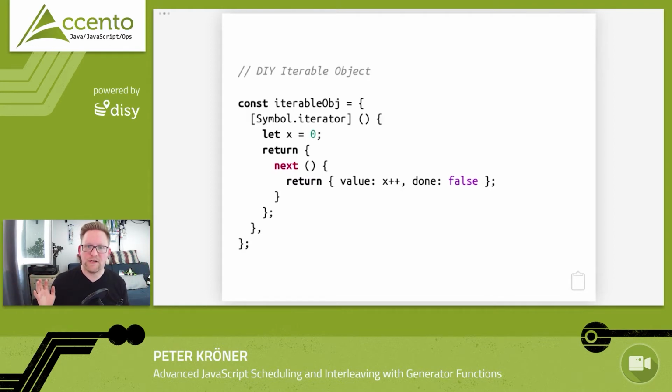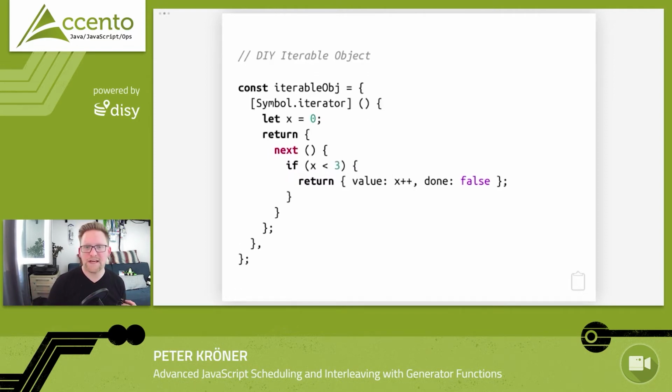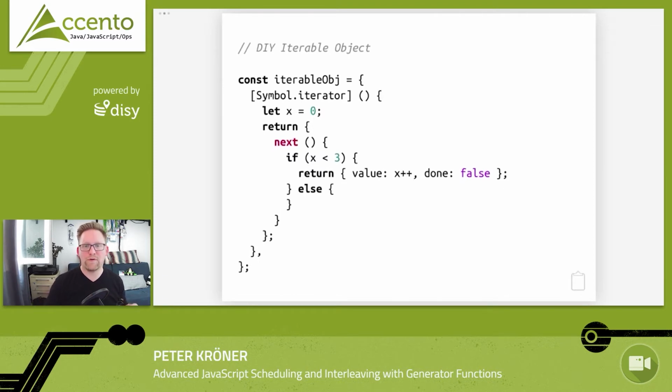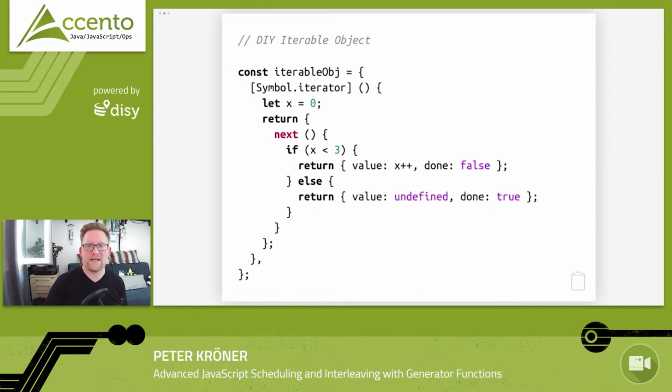If we don't want our list to be endless, we can of course introduce a limit. We can simply wrap this in an if statement, and if x is 3 or larger, then we return something else. This something else is still an object with value and done, only in this case, done is true and value is undefined, meaning that there's no new value because we are done.